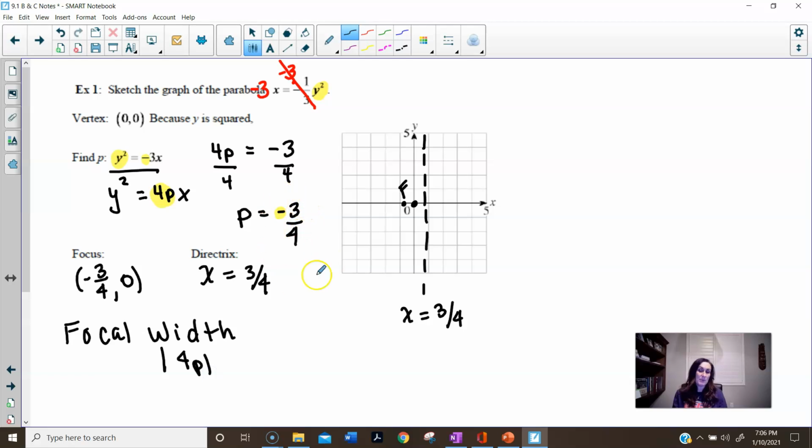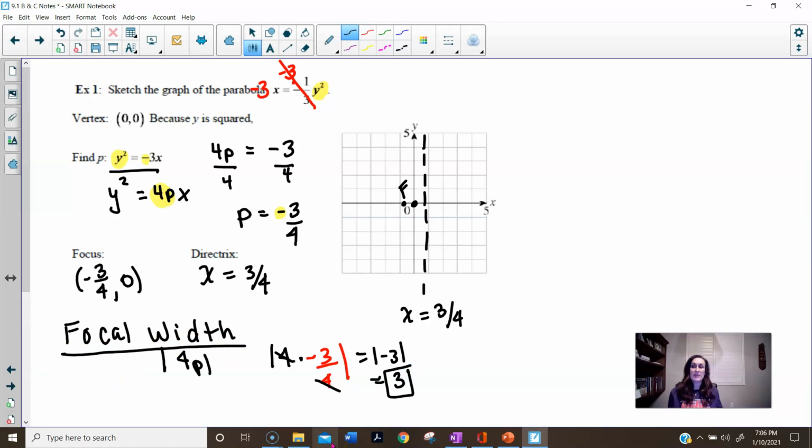We found out what p was, it was -3/4. So if I take the absolute value of 4 times -3/4, the 4's cross cancel, and it's going to equal -3, and the absolute value of -3 is +3, and that is the focal width.